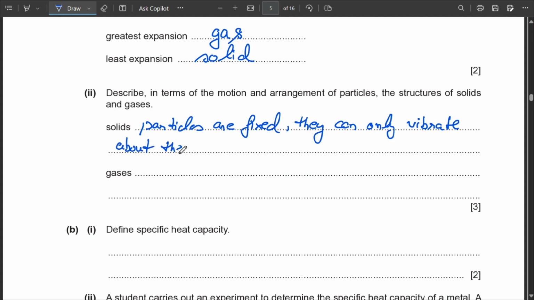Gases: first of all, particles are randomly arranged.